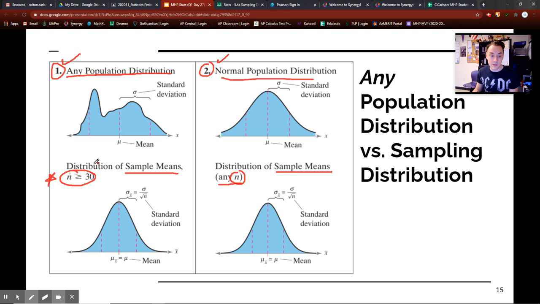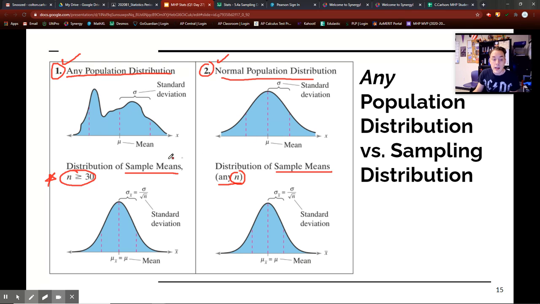We can have n greater than 30. But what if n is not greater than 30? What if n is less than 30? What if it's size 4 or size 10 or size 29? How can I still perform the math of the sample means that I want to perform?